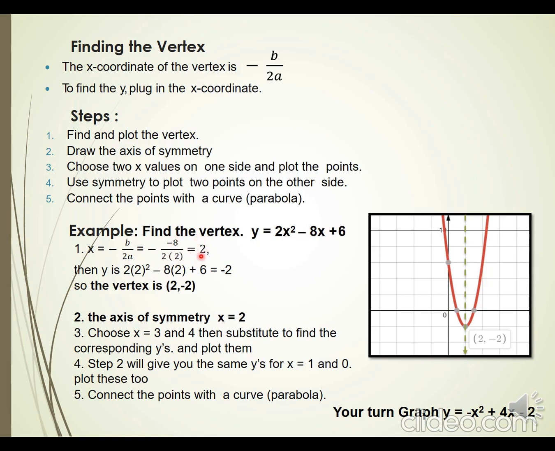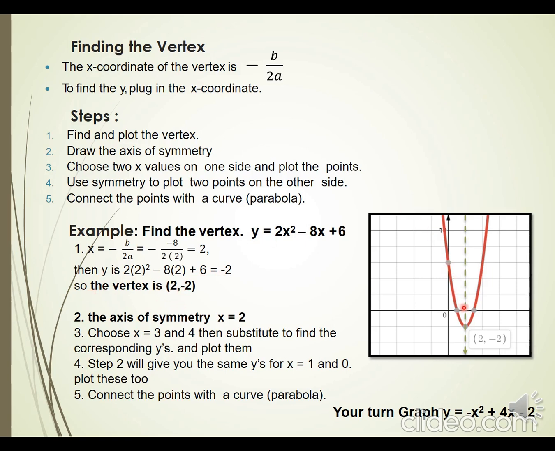Now take this 2 and plug it into the equation and find the y. Use PEMDAS to solve it, so the answer will be negative 2. And here you go, the vertex is (2, negative 2).